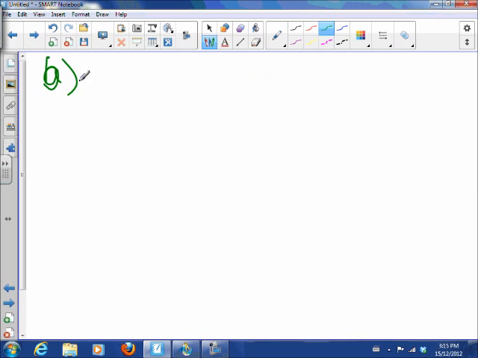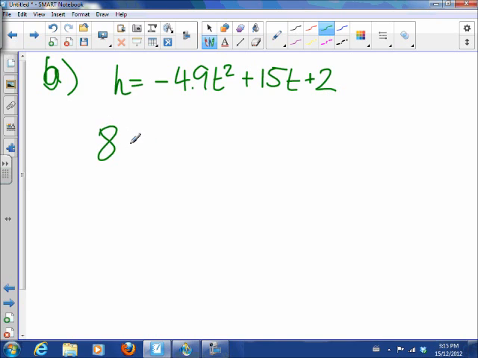Sorry, that's B. So the height is negative 4.9 t squared plus 15t plus 2. We knew that the height is 8 meters, we're told that in the question. So 8 is equal to negative 4.9 t squared plus 15t plus 2.